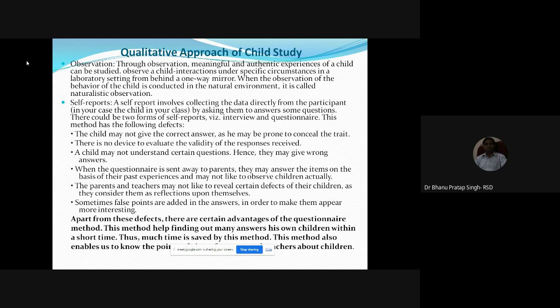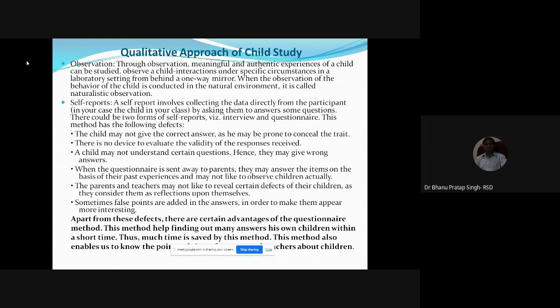It should not be like, how is India? The answer may be India is a democratic country, or a developing country, or an agriculture-based country. So there is no device to evaluate whether the answer is correct when the question is not framed properly.